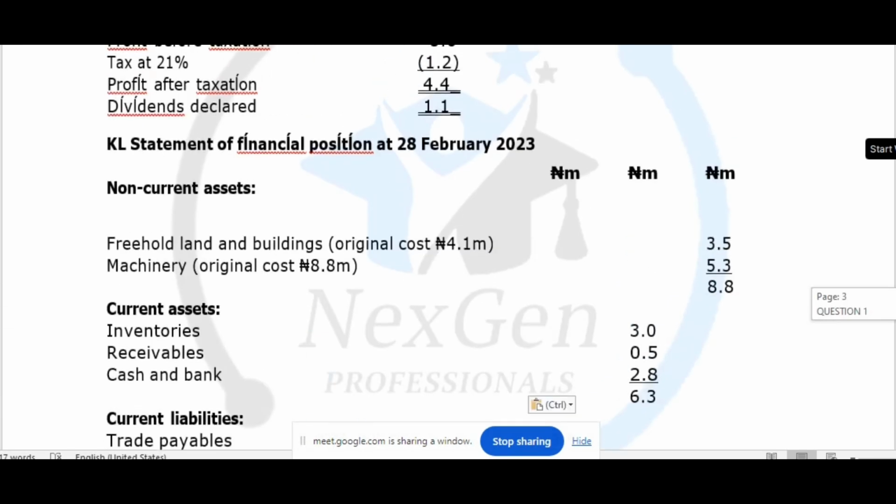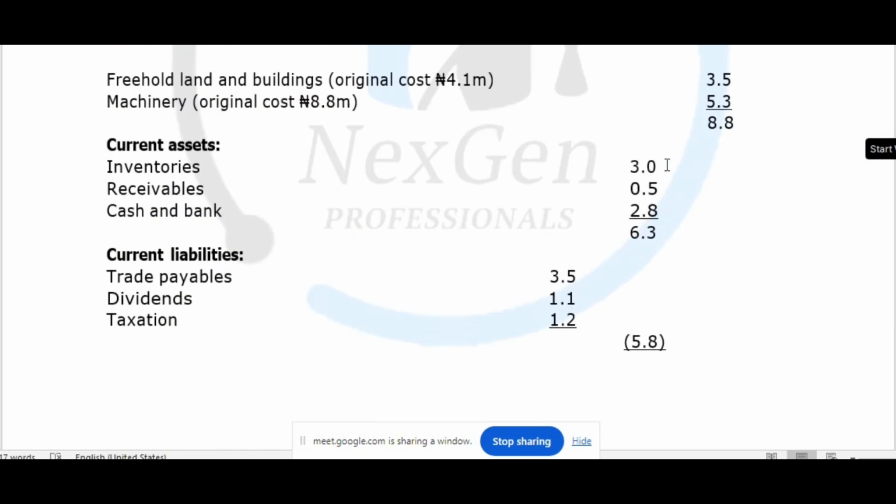So in the case of 3.0 here, you put 3.1. Are we still together, class? Yes, sir. Okay, good. Now, don't forget that the only thing we will change here is, instead of 3.0, we put 3.1.